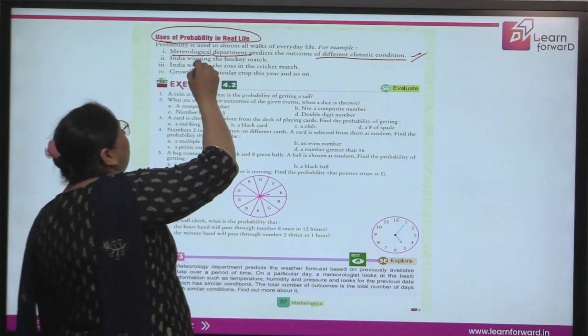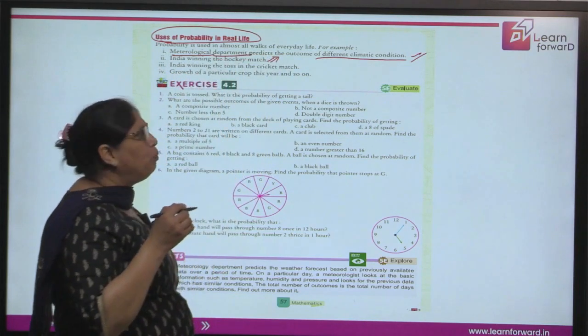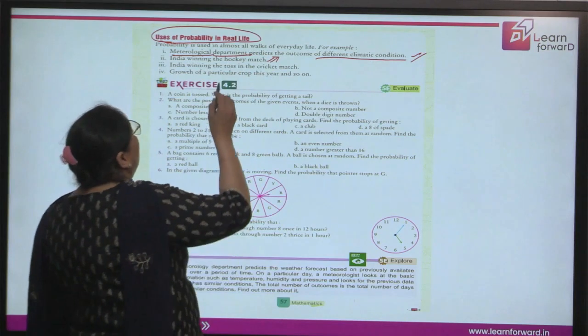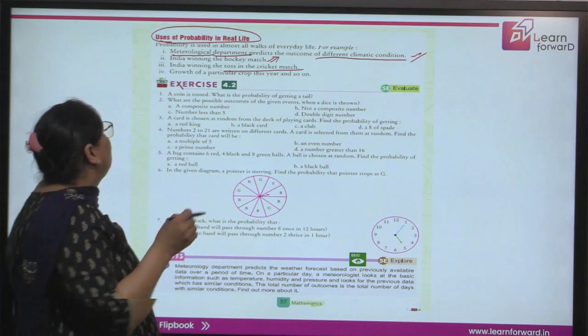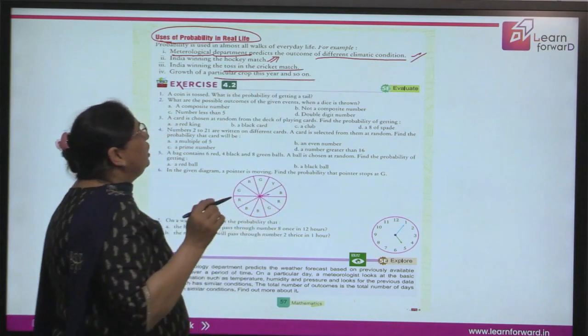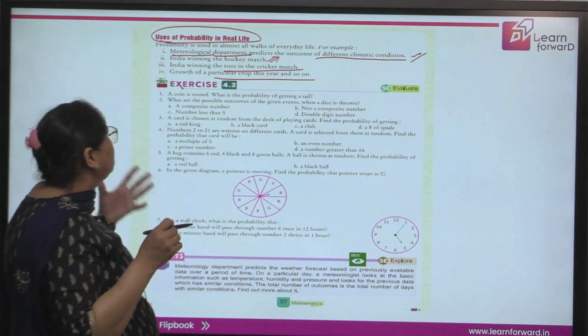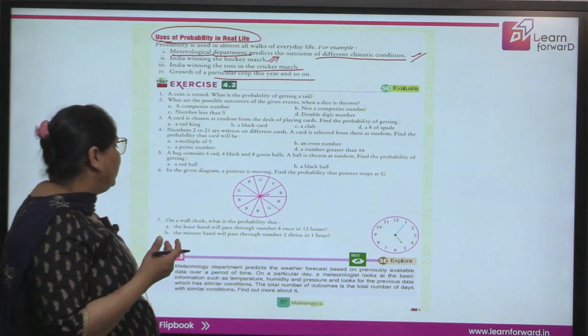India winning a hockey match or cricket match, we can find out the probability. Or the toss of a coin in a particular match, growth of a particular crop this year, and so on. These are some examples of our daily life where probability can be used.